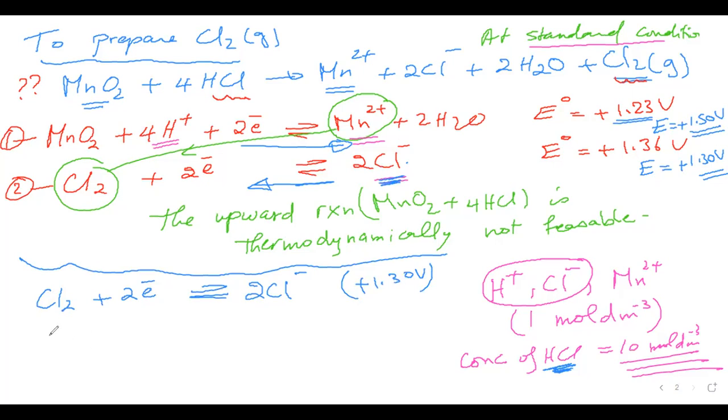And the other one that has the higher positive value will be written downward in that way. The E naught value will be more positive. So now which species is going to react with the other?